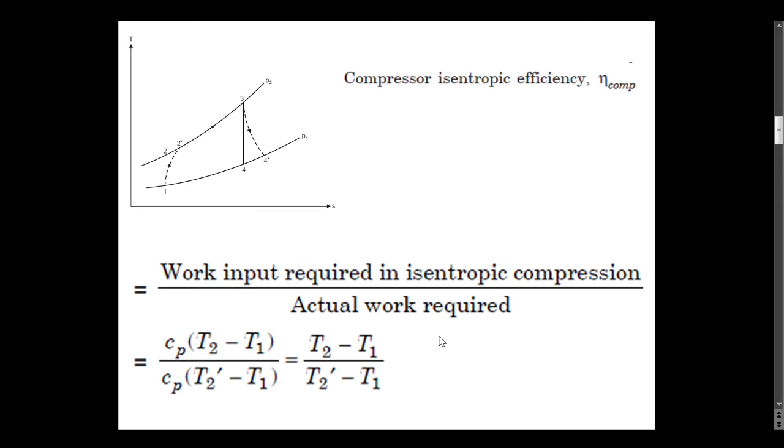Here the important thing to note is that the ratio should be less than 1. In case of the compressor, the isentropic temperature rise is less, so we consider it in the numerator, and the actual temperature rise in the denominator.